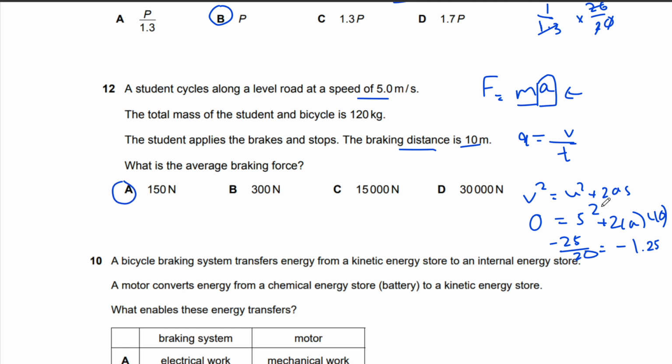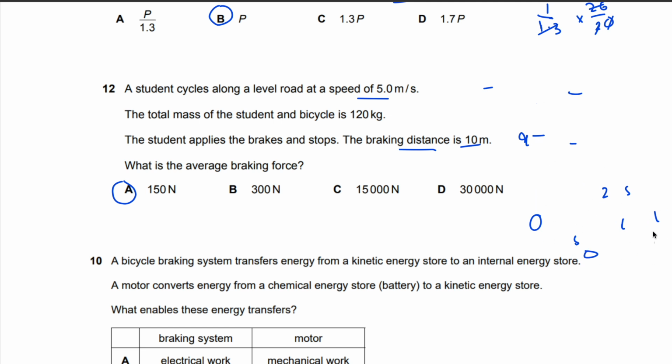Now if you don't know this equation, there's another method of solving this. That would be to use the concept of energy. We know that it is moving, so it has kinetic energy, and we know that work done is equal to change in mechanical energy, like kinetic energy or GPE. In this case, that will be KE.